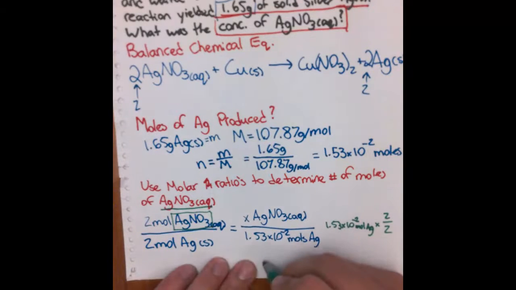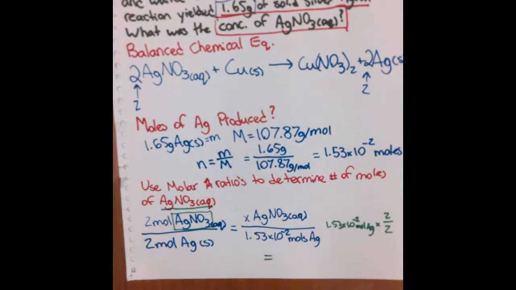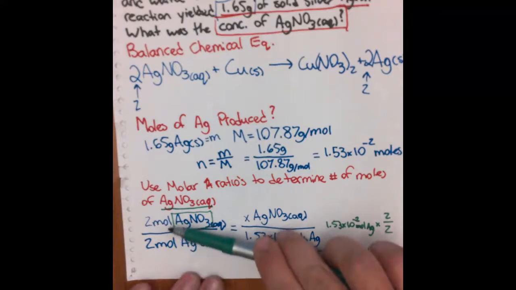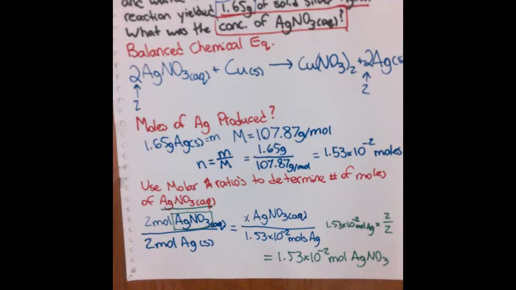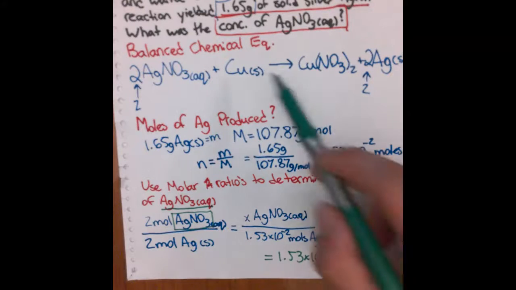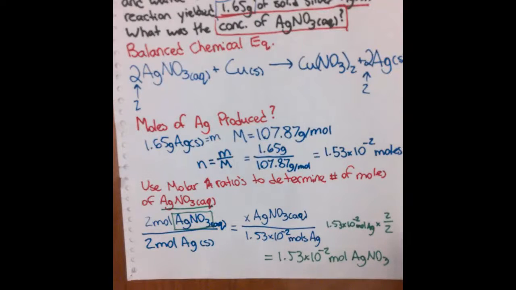And what that's going to give us is that there are also going to be 1.53 times 10 to the negative 2 moles of AgNO3. And that makes sense because if it's 2 to 2, we can basically assume that it is always going to be the exact same amount of moles of our Ag that are produced as we put in of AgNO3, assuming that we have an excess of copper.